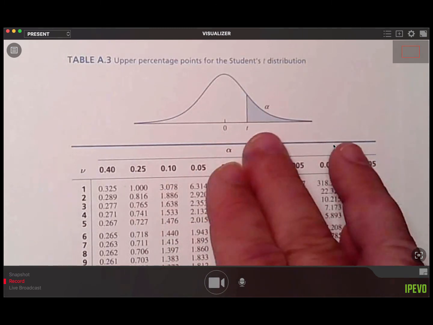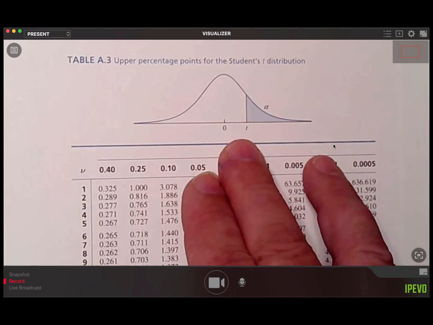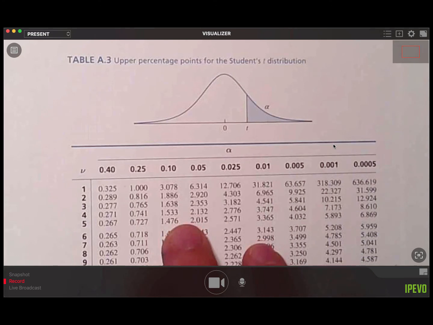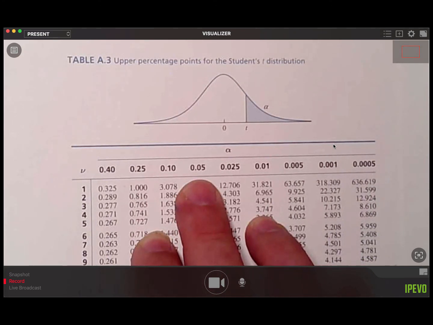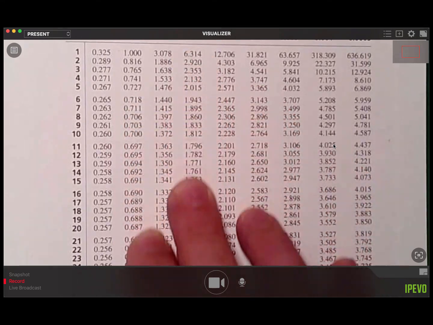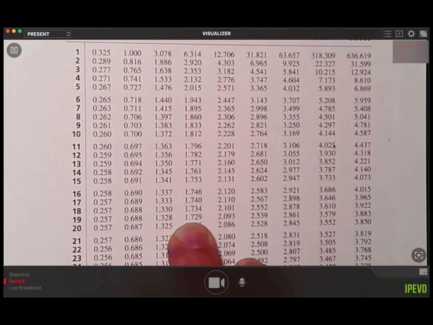And by symmetry, those numbers are going to differ by a sign, plus or minus. So that's how you use this table. I'll repeat. Our alpha value for the problem we've been working is 0.05. Our degrees of freedom are 19. And so this tells us that our t-distribution number is 1.729.